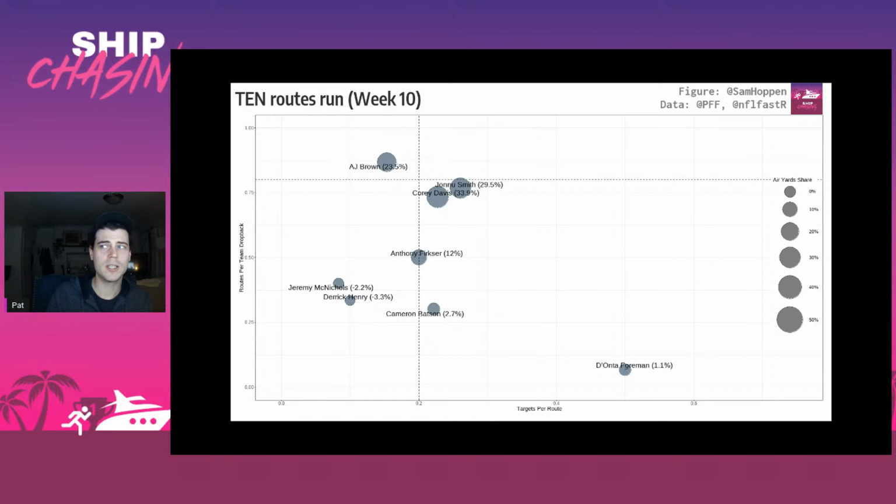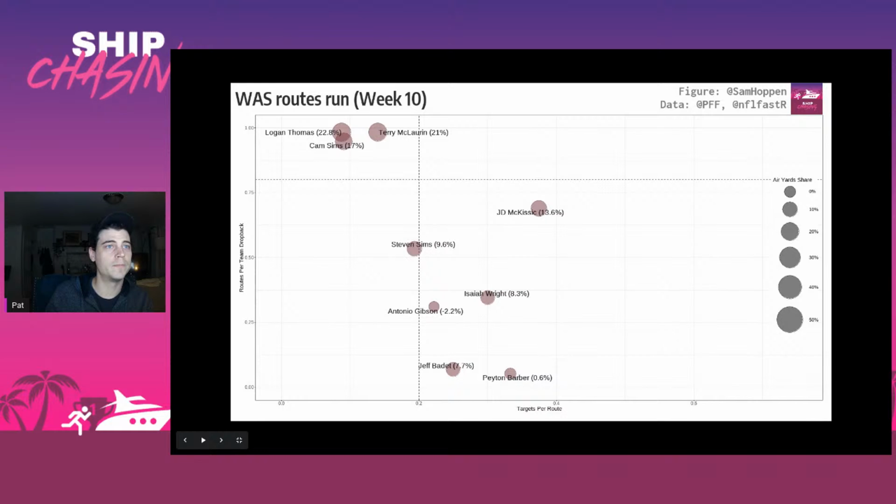So this has been kind of the deployment here with Adam Humphries out, where you're getting two tight end sets in passing situations for the Titans. Curious to see if this keeps up with Adam Humphries returning, but I think it's worked out okay, although both these guys collapsing in yards per target this week might lead you to think that Humphries is able to earn his way back pretty quickly.